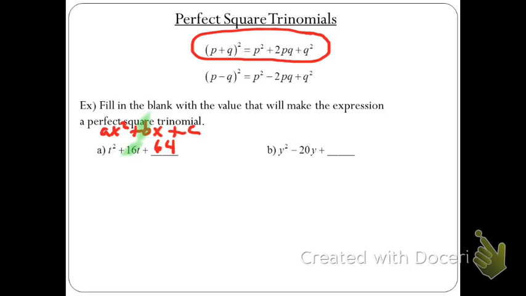t squared plus 16t plus 64, well, I could say that I have t squared plus 2 times 8 times t plus 8 squared.